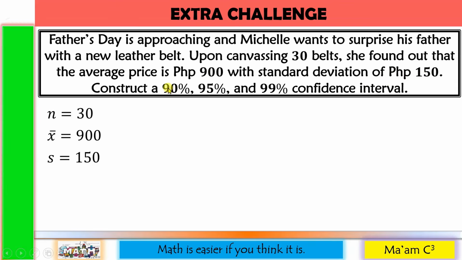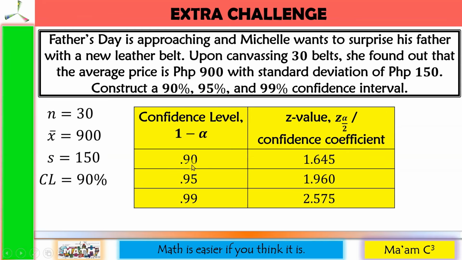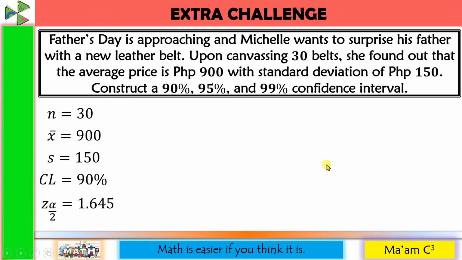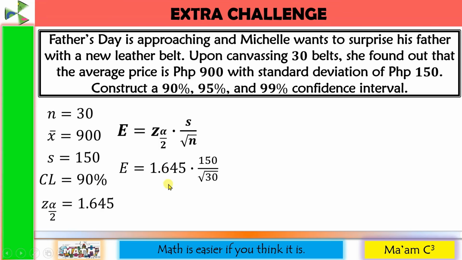Let's have first 90% confidence level. For 90% confidence level, our critical value is 1.645. Let's determine the margin of error. Let us substitute our values here, and this will give us 45.05. For the lower limit, that is the sample mean minus the margin of error.